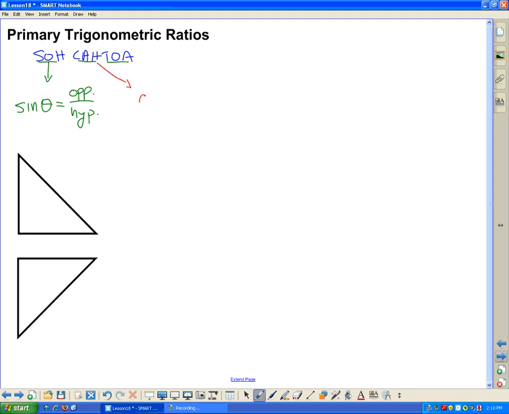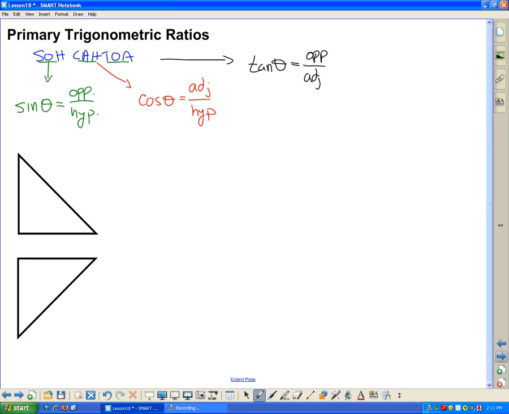CAH would be cos of the angle is equal to adjacent over the hypotenuse. And finally, the TOA is tan theta equals opposite over adjacent.